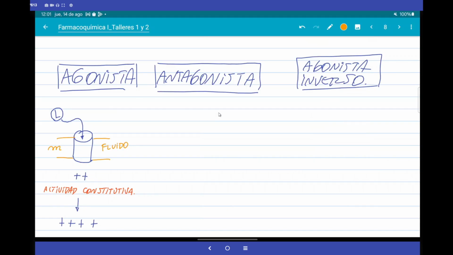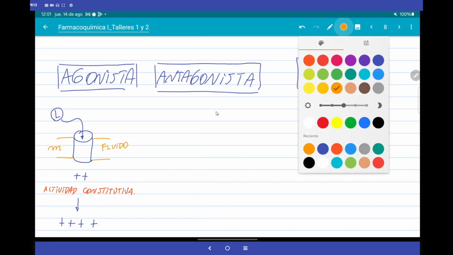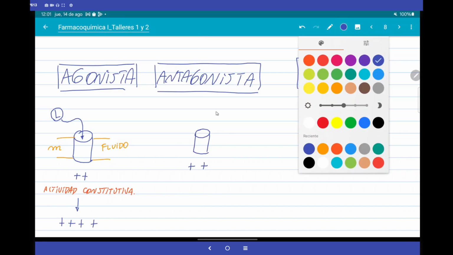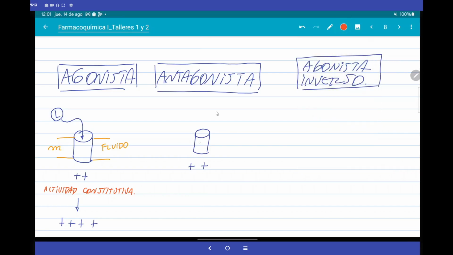We go to the other side. When we have the antagonist in the same situation, we have our receptor, and our receptor has the constitutive activity. What the antagonist does is join and stay together for a long time. That is, it is a union of high permanence time.